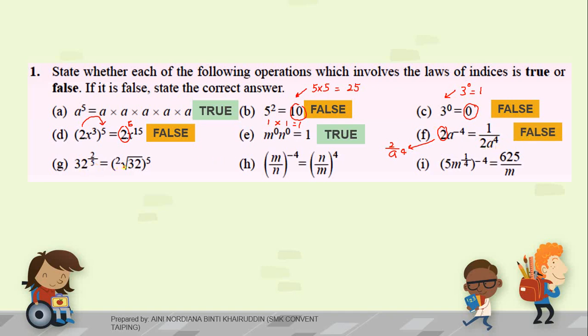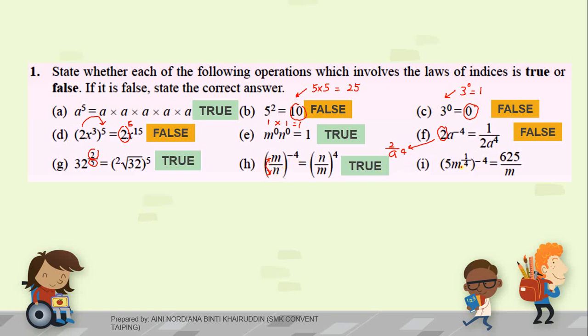But this change to this, so this is true. This is the square root. So change this to positive index form. So this is true. You just change the position of numerator and denominator.